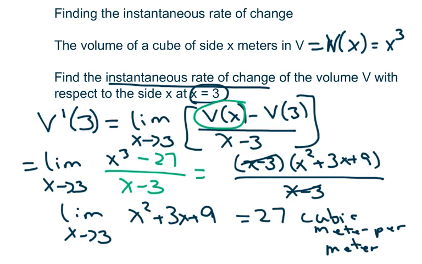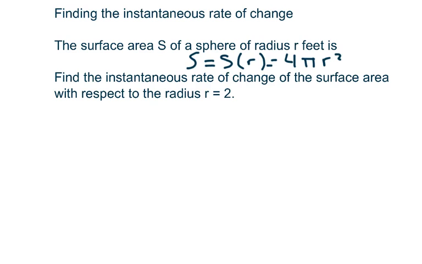Okay, now the last one I have has to do with the surface area of a sphere, and the formula is 4 pi r squared. We want to find the instantaneous rate of change of the surface area with respect to the radius at r equals 2. So let's determine what we're finding. At the instant r equals 2, we want to know at what rate the surface area of the sphere is increasing.